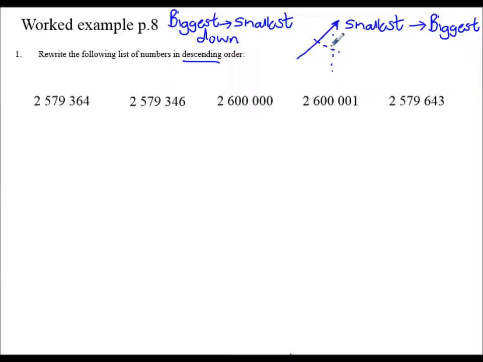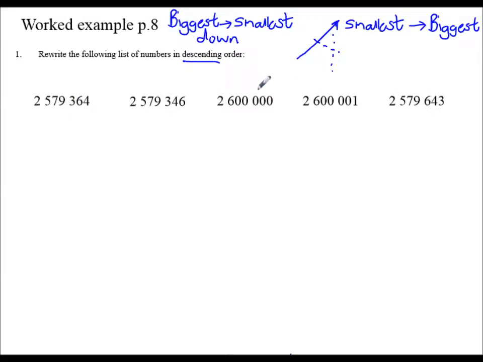If we go up, the first thing we look to see is how many digits we have. And all of these numbers are 2 million because there are 7 digits. So 2,579,000. I'm just observing to see how many 100,000s there are.